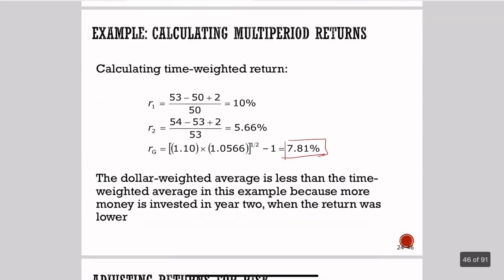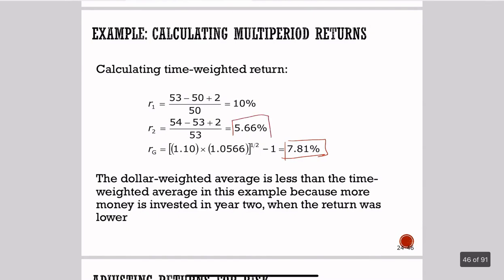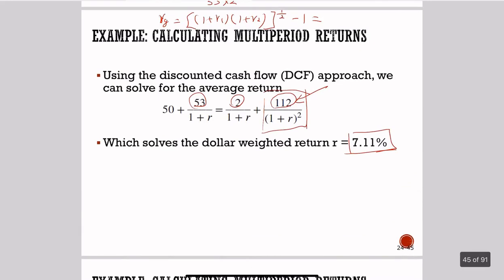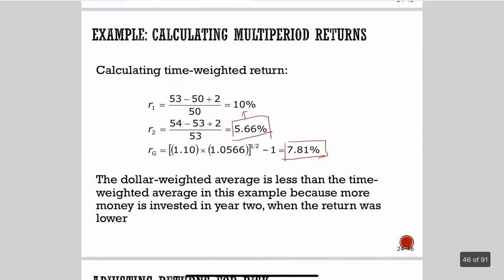And you can see that the second period return is actually lower compared with the first period return. So if you put a larger weight on the lower return, then in the end, your final calculated return will be lower compared with the time weighted return.